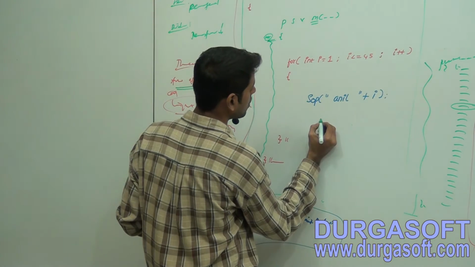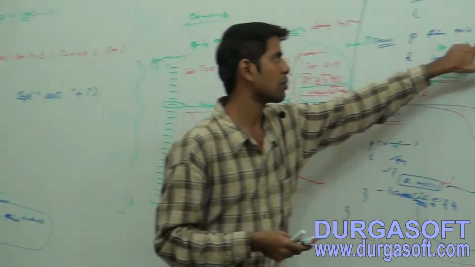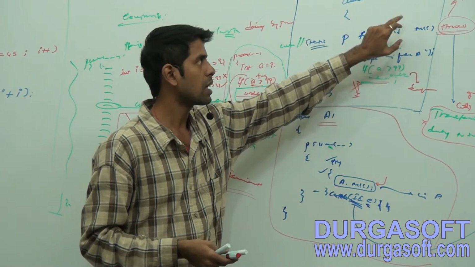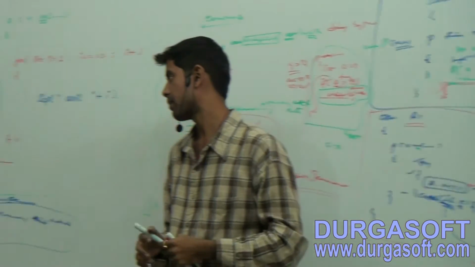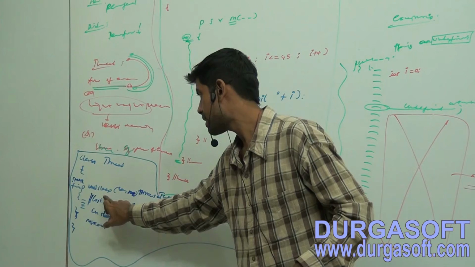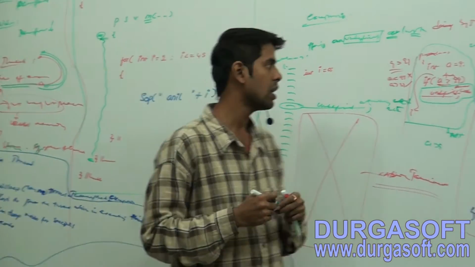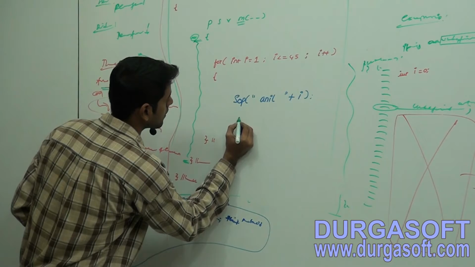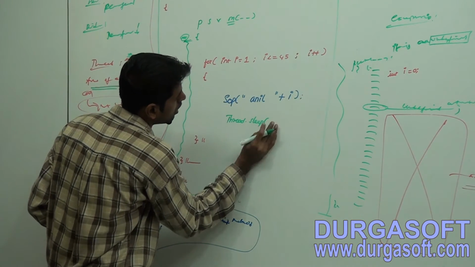Now let me use it. How to call a static method? Class name dot static method. Yes or no? This is a static method within the Thread class. Class name dot sleep method. Thread.sleep().